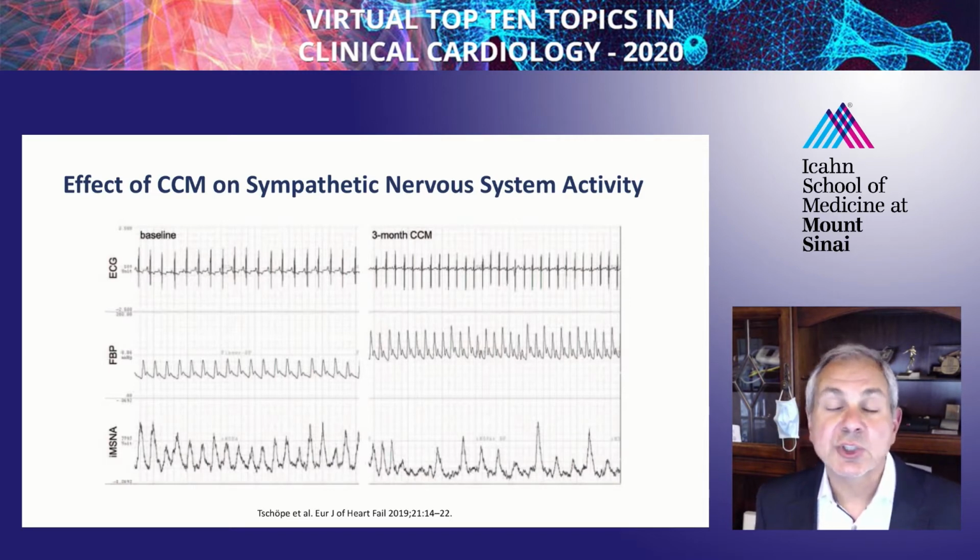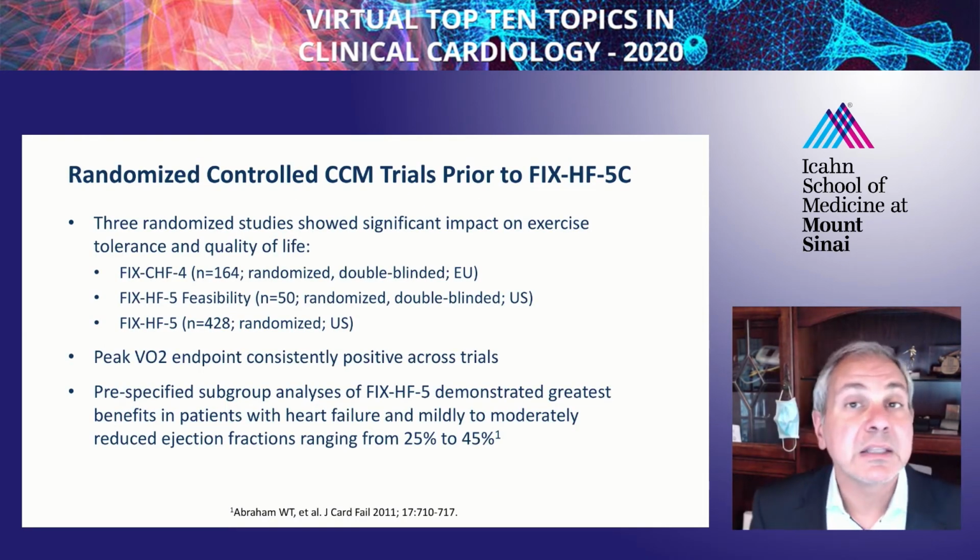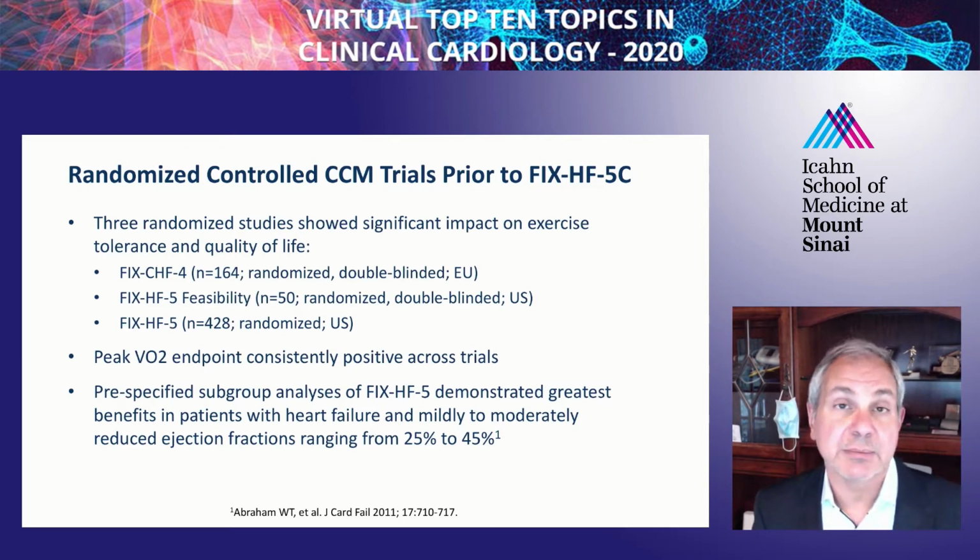You can see that there is quite a heightened state of sympathetic nervous system activity in this patient, as is indicative and seen consistently in heart failure patients. Following 3 months of cardiac contractility modulation, there is a reduction in muscle sympathetic nerve activity or nerve bursts associated with CCM therapy. Well, what does all of this translate into from a clinical or patient-oriented standpoint?